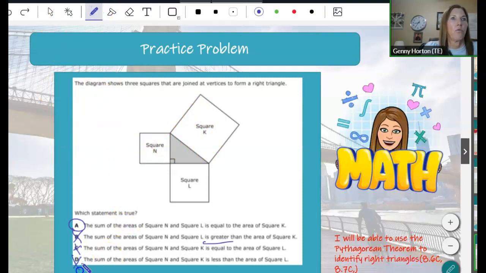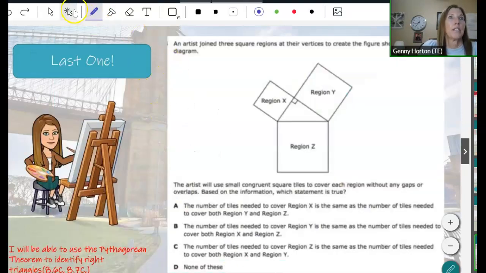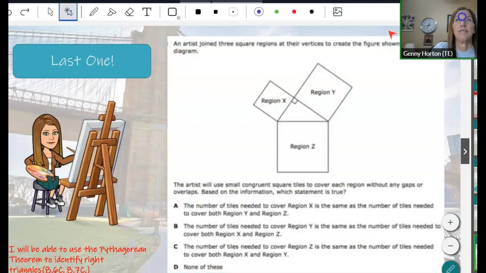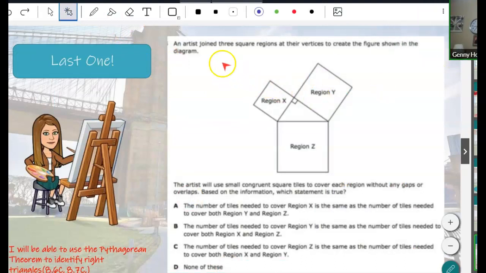All right, let's do one more practice problem. Oh, I'm in the way now. Let me move myself. An artist joined 3 square regions on their vertices to create the figure shown below.